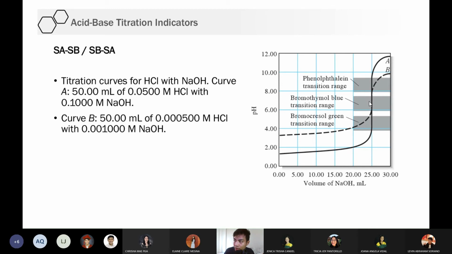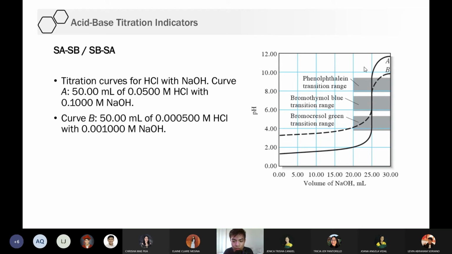Sa solid line, yung mataas yung concentration, what is the length of the inflection point? Mahaba, no? So, saan siya nag-start? Around dito? Around sa 3? Natapos sa 10. So, ibig sabihin, 7 yung pH gap niya. Halos.